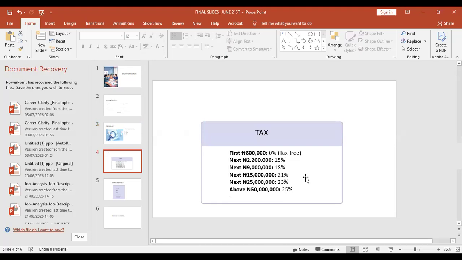In the new tax law, the first 800,000 naira annual, if you're earning 800,000 naira in a year or less, you're not expected to pay tax. If you're earning 2.2 million in a year, you're expected to pay 15% tax, and just like that.